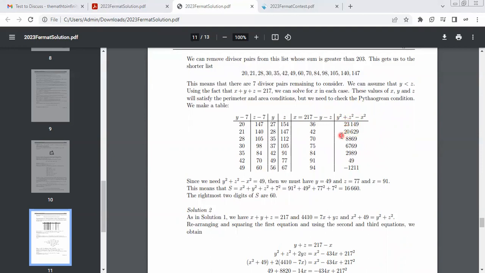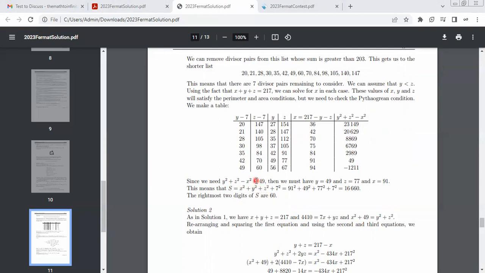All right. So this you know how to get, right? Y square plus z square minus x square would give you this fact. So do you know why they're doing this? Yeah. So that they can try and find the values. The Pythagorean condition, you remember? In the question there was one value that they gave us: y square plus z square minus x square is equal to 49.